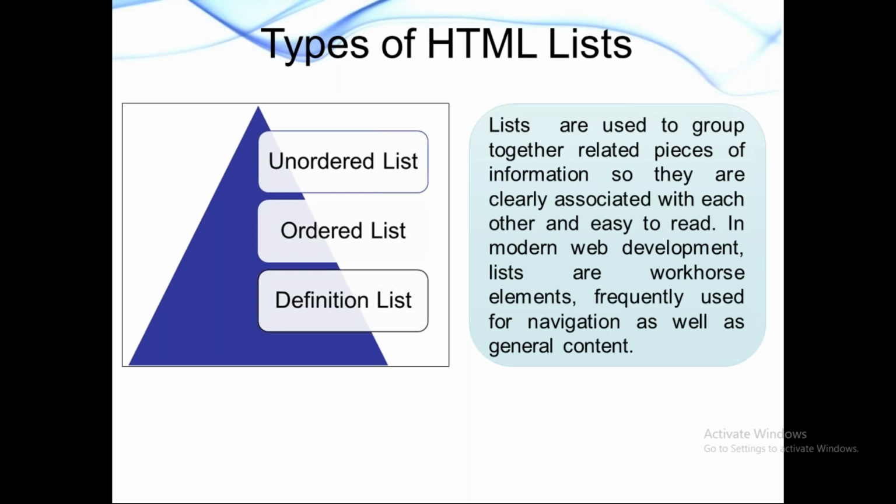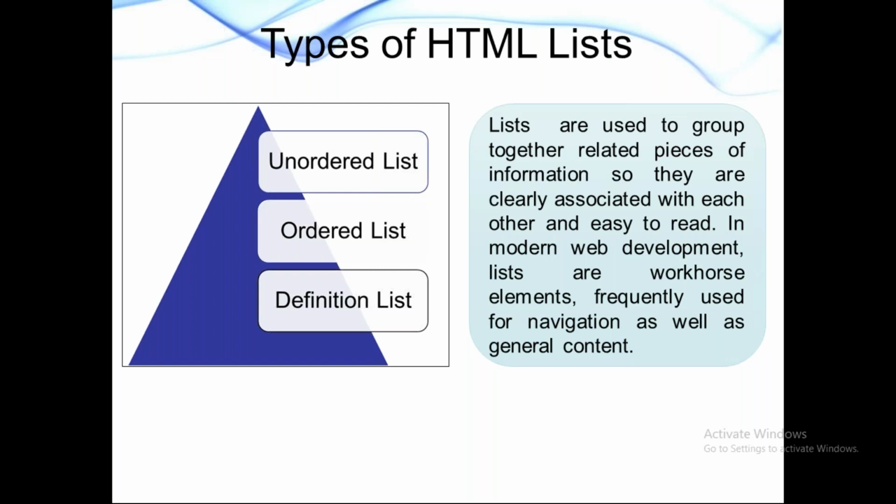The unordered list is nothing but a bulleted list. So for every item in the list, you have the bullets printed. When I say ordered list, it is nothing but a numbered list. Every list item will be numbered, maybe from 1 to the number of items.